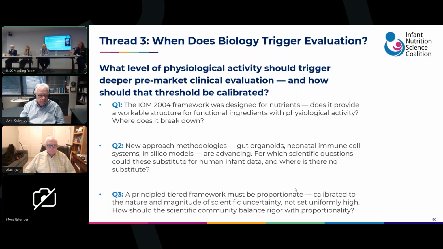Safety is established in preclinical toxicology studies, as we've discussed. There might not be a regulatory or legal precedent for saying you need to put that into an infant clinical, but many are already doing it. So if you are already going to put that ingredient in an infant clinical, let's discuss what potential outcomes you can gather.